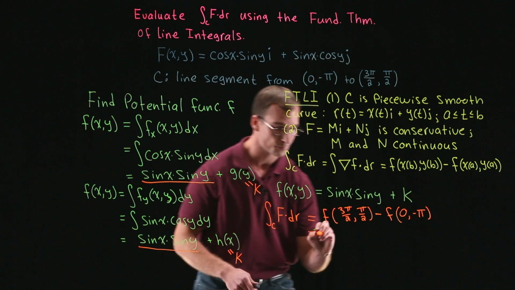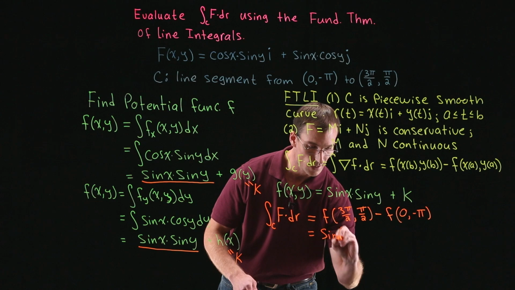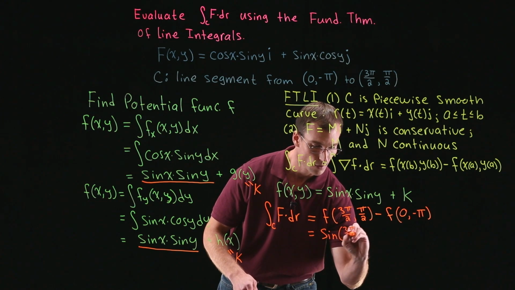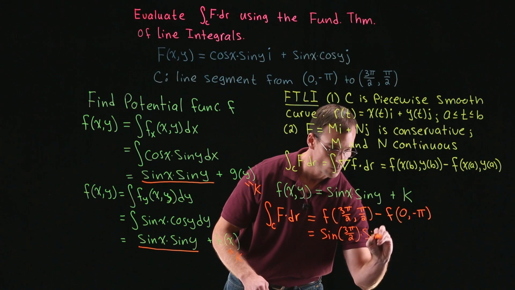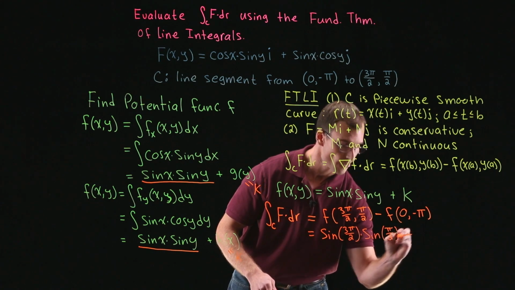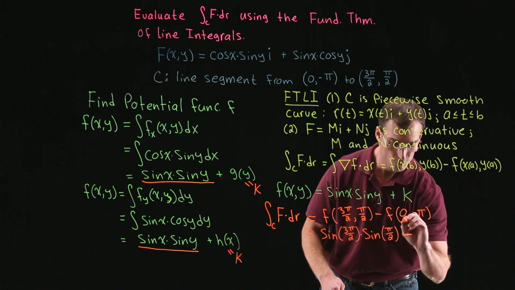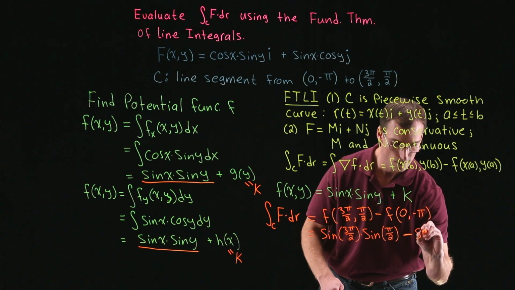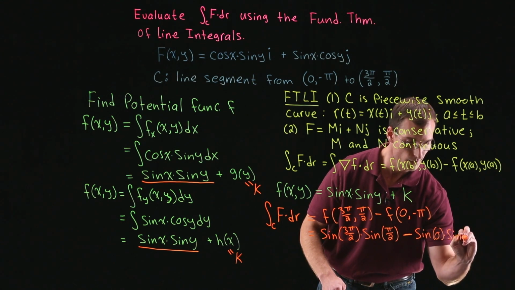That is equal to sine of 3 pi over 2 times sine of pi over 2, minus f of 0 and negative pi, or sine of 0 times sine of negative pi.